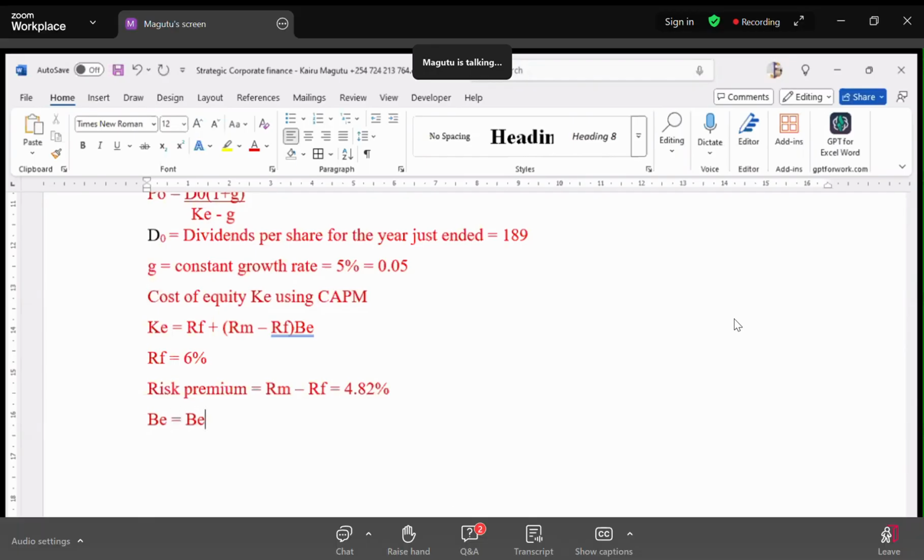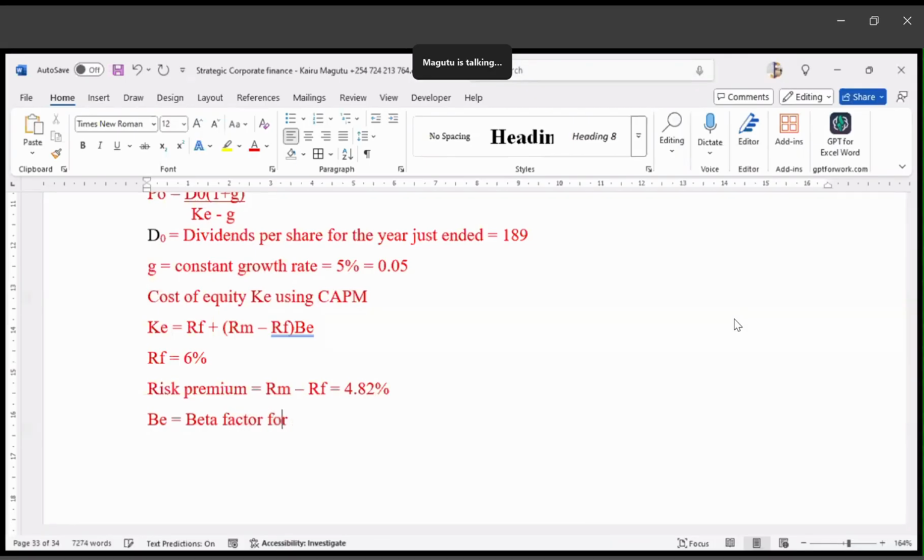The beta factor for equity in an ungeared farm is what we call the asset beta. For those who are asking, it has been repeated. So did we say 2.4? Yeah, I believe it is.